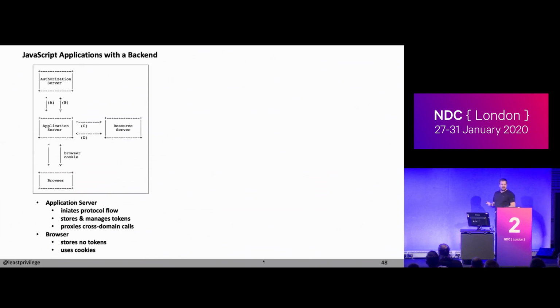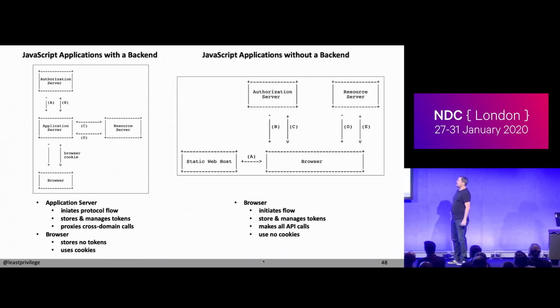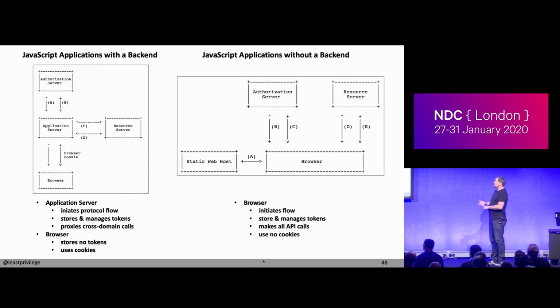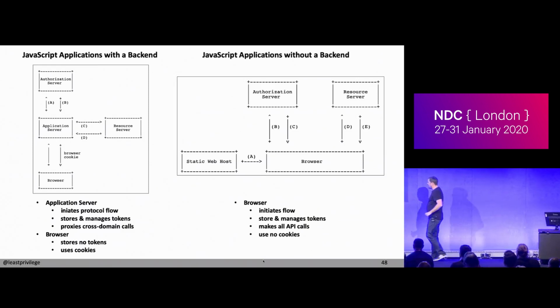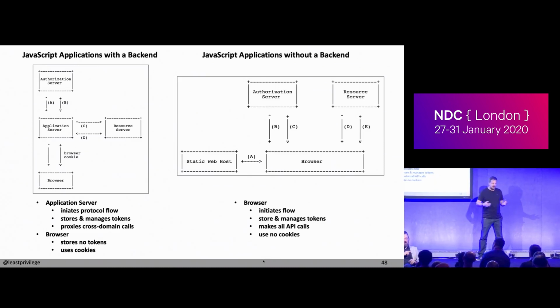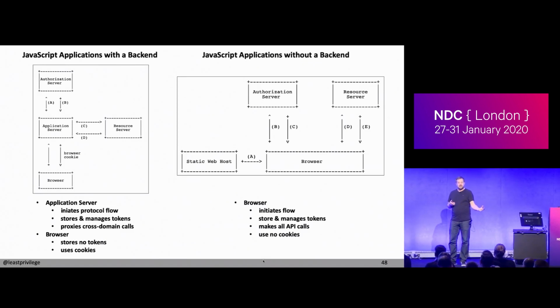So ultimately, the BCP distinguishes between these two scenarios here. One they call JavaScript apps with a backend, and one is called JavaScript apps without a backend, yeah? And to be honest, I'm not really happy about this classification. I think it should rather be a question like, do you want to store your tokens on the server, or do you want to store your tokens on the client, right?